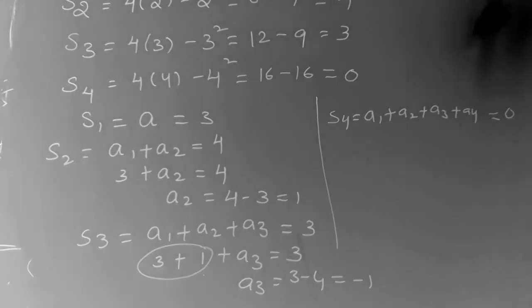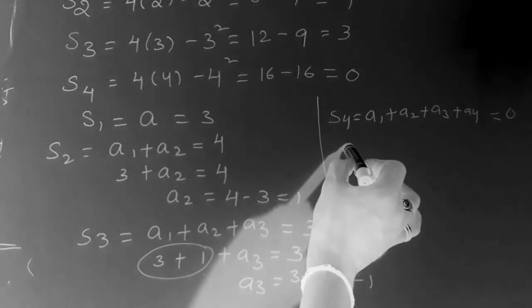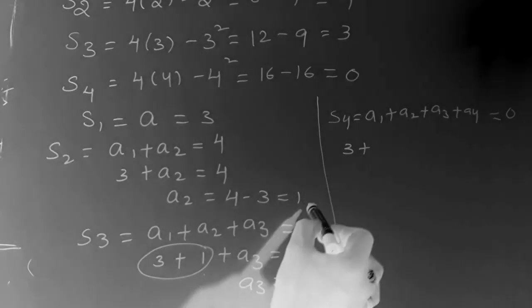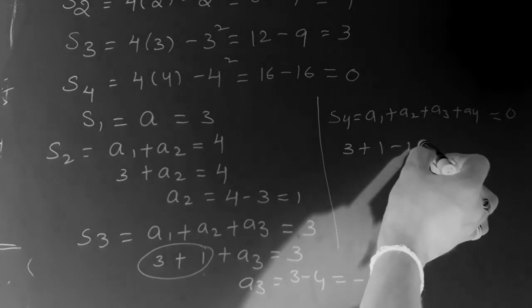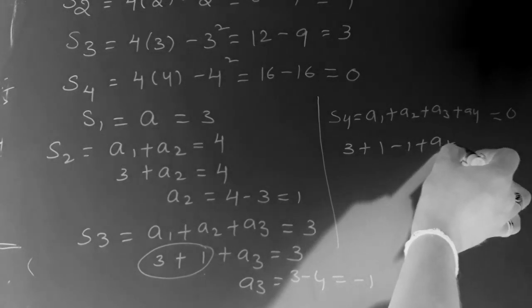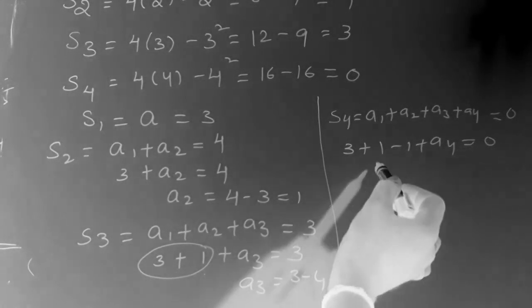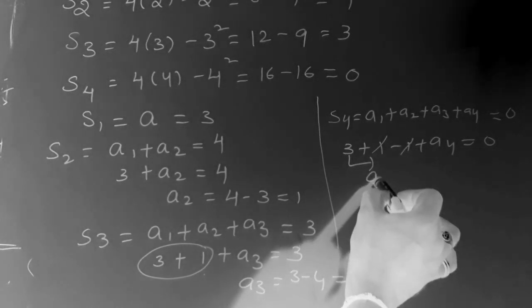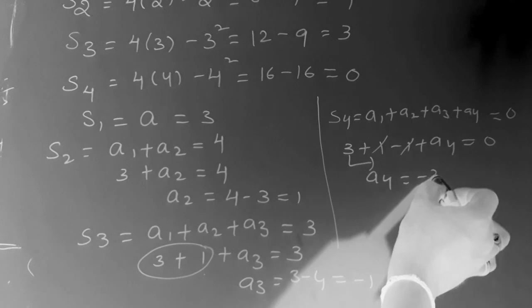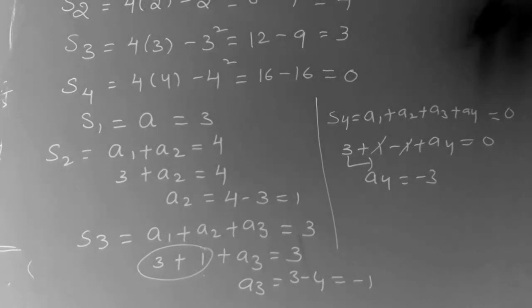We know A1 is 3, A2 is 1, A3 is minus 1, that is equal to 0. Plus 1 minus 1 is going to cancel. Plus 3 goes to the right side, it becomes minus 3. Therefore, the series is 3, 1, minus 1, minus 3 and so on.